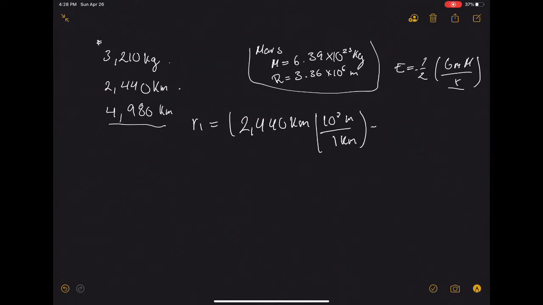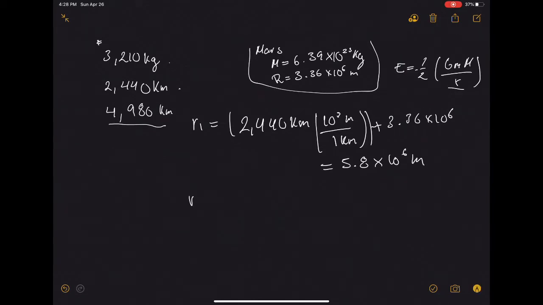And all these we're gonna add to the r of Mars. That's gonna be 3.36 times 10 to the 6. And that's gonna give us 5.8 times 10 to the 6 meters.